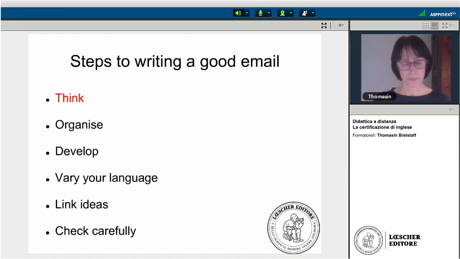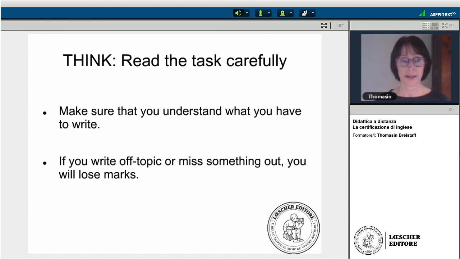So the next slide will show us, talking about read the task carefully, the points to remember. Make sure that you understand what you have to write. And if you write off topic or miss something out, you'll lose marks. For example, at B1 Preliminary and Preliminary for Schools, part of the mark the examiner gives you is for content, so what the email contains.